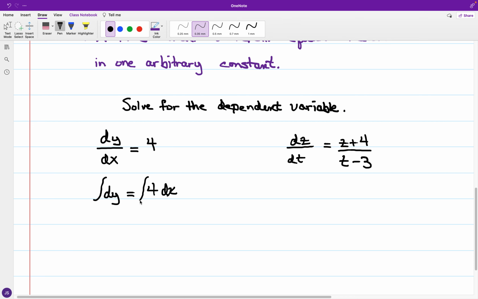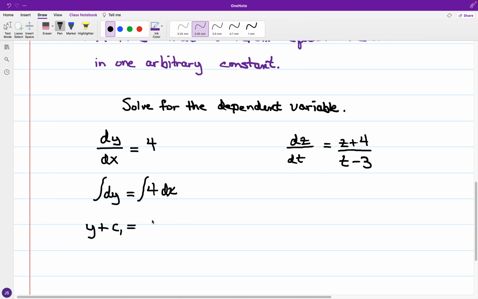I'm going to break this down in terms of what you could regard as a couple of subconstants, but we're looking at consolidating as a single constant. For the left-hand side, the antiderivative of dy is going to be y, and we can say at the moment we have y plus c sub 1.